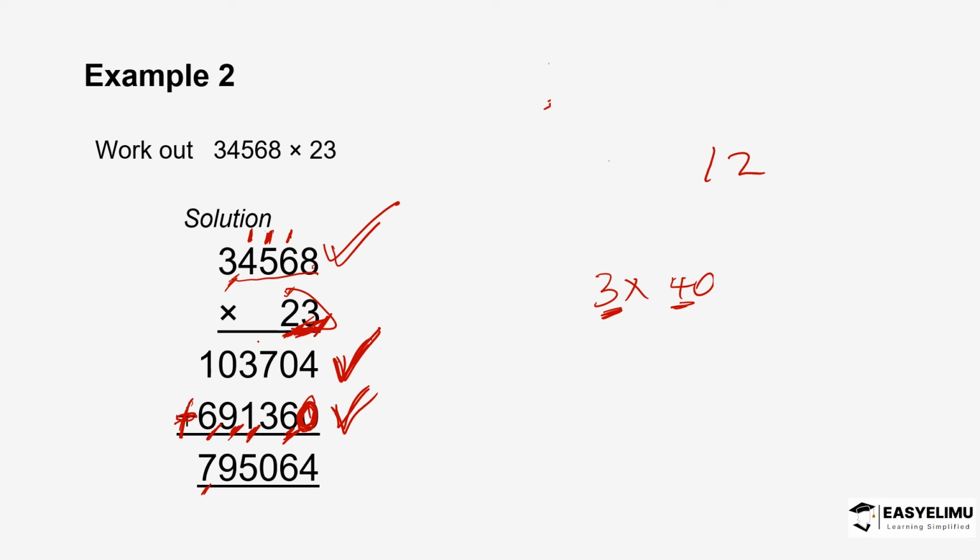So we write 0 carry 1. 1 carried over to the next digit. Then 3 plus 1 is 4 plus 1 is 5. Then 0 plus 9 is 9, and of course 1 plus 6 is 7. And the result is becoming 795,064 as the correct answer for that operation, multiplication.